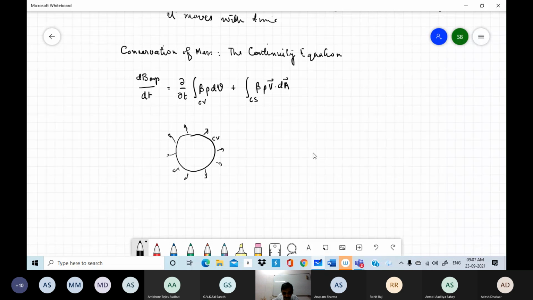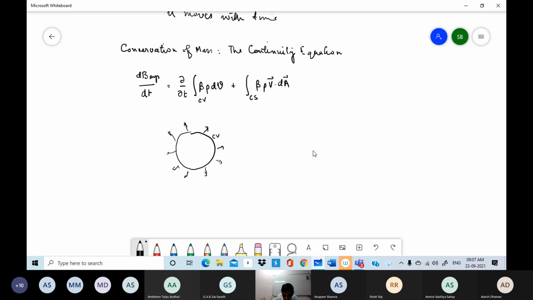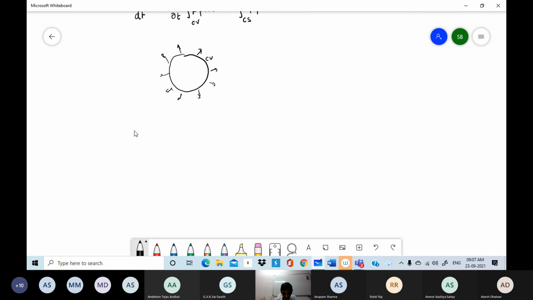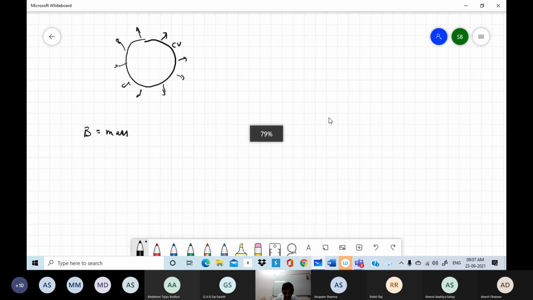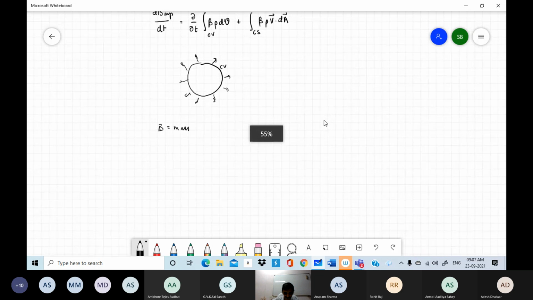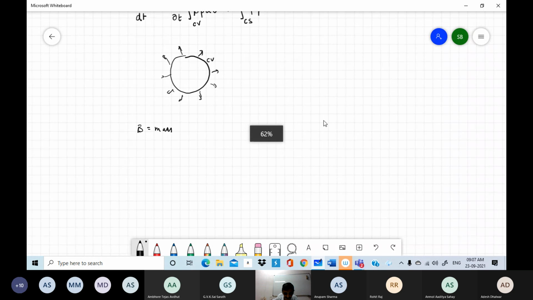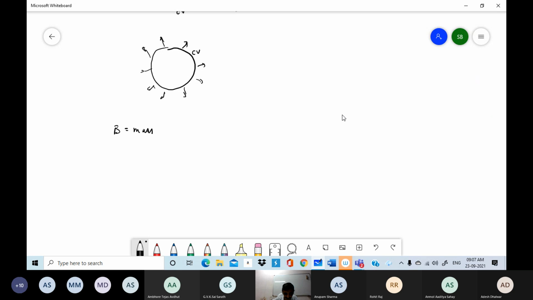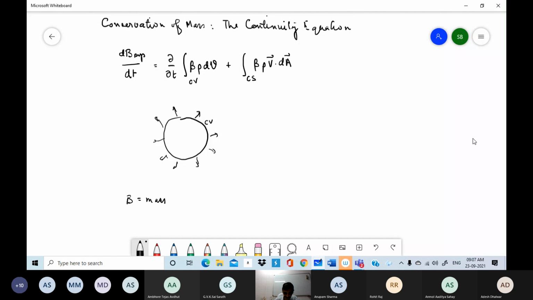So now let's consider a particular physical property. Let us say B is equal to mass, the mass of the system. Then beta, which is mass per unit mass, would be 1.